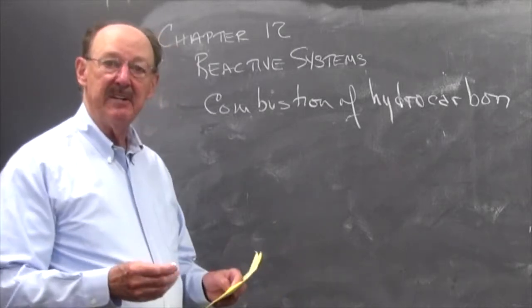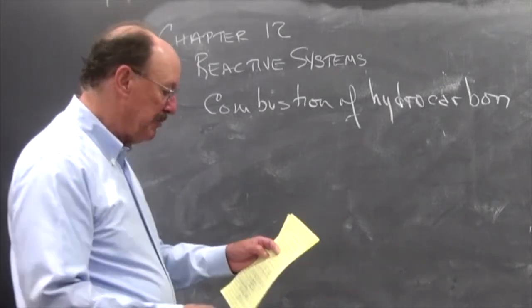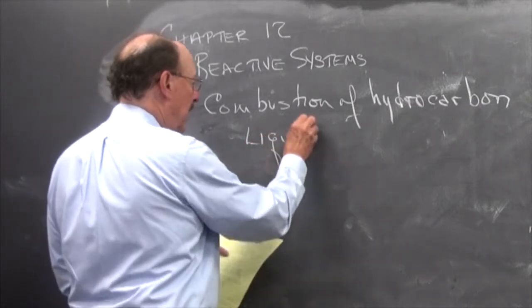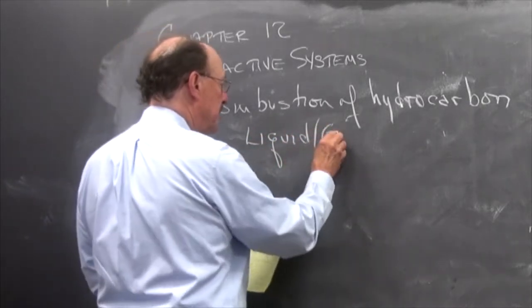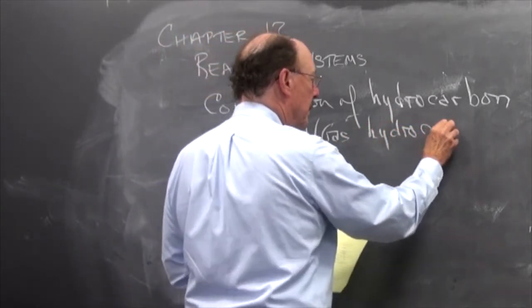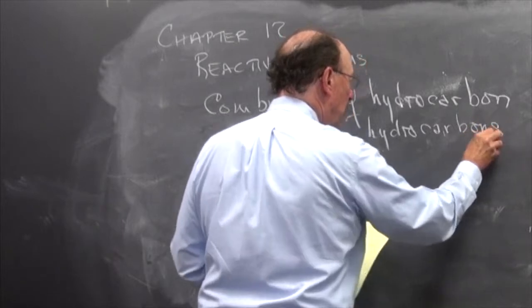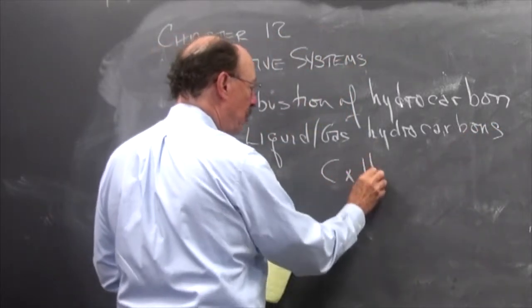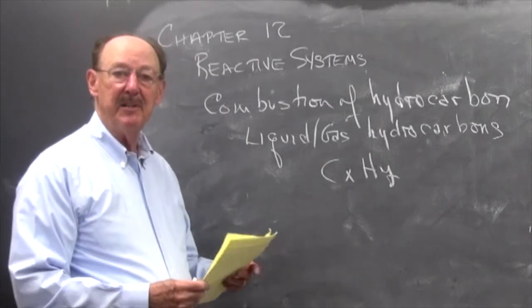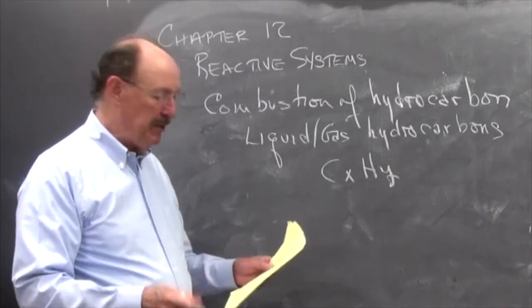It's a lot of the energy source that powers society. If we look at liquid or gas hydrocarbons, we're looking at something like CxHy. We don't know what they are, and very often it'll be a mixture of many individual ones.